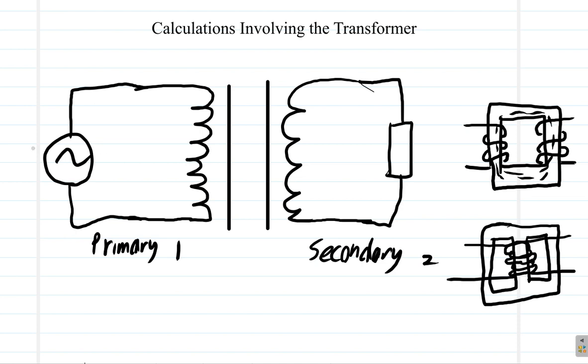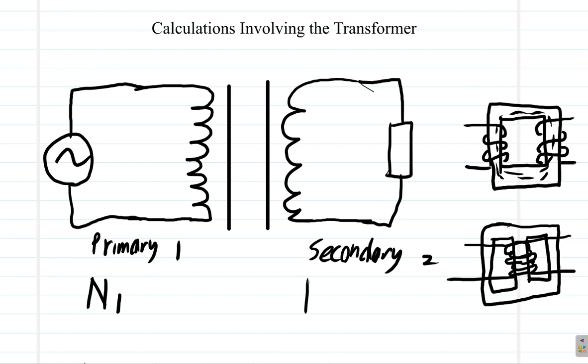Alright? But in any case, every time you make one turn of wire around the leg, you have one turn, the time you make a complete wrap. So when you wrap the primary coil that's connected to the source, you say the number of turns in the primary coil, that's N1.